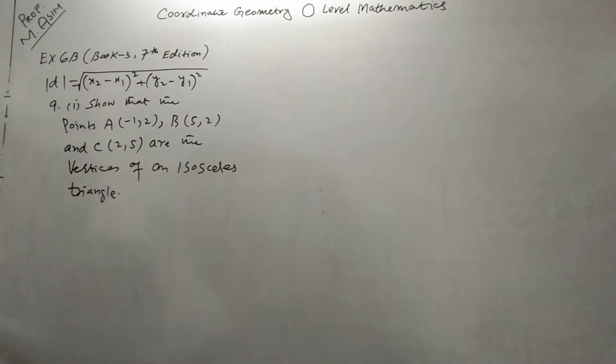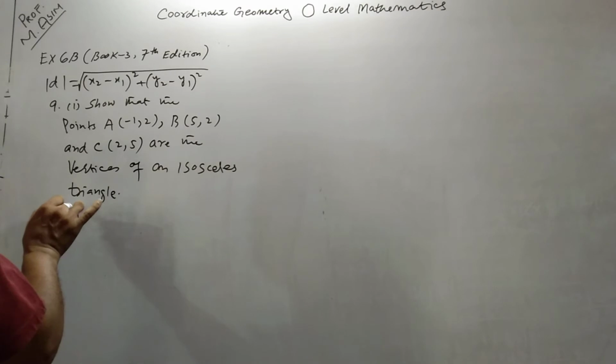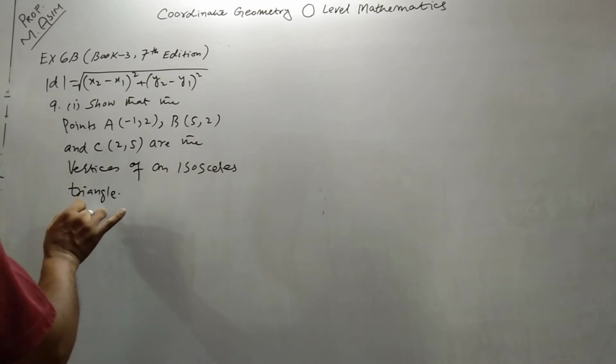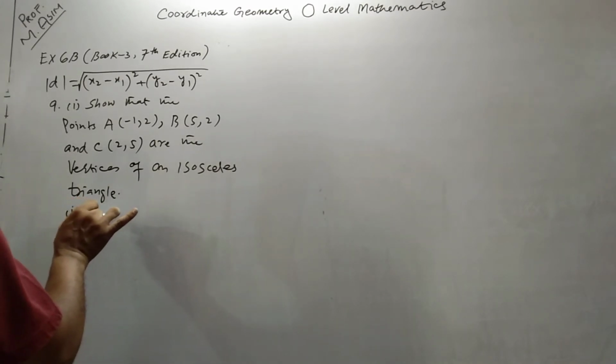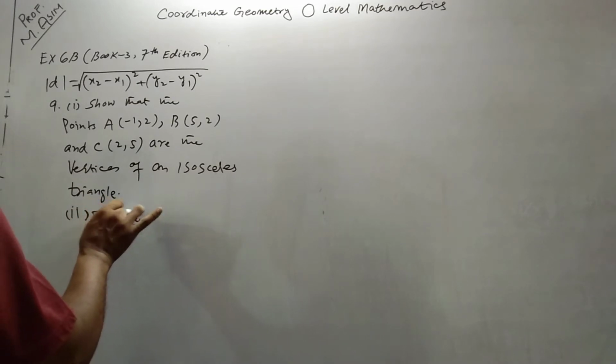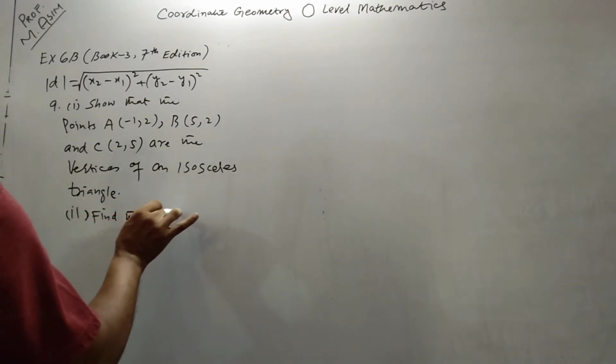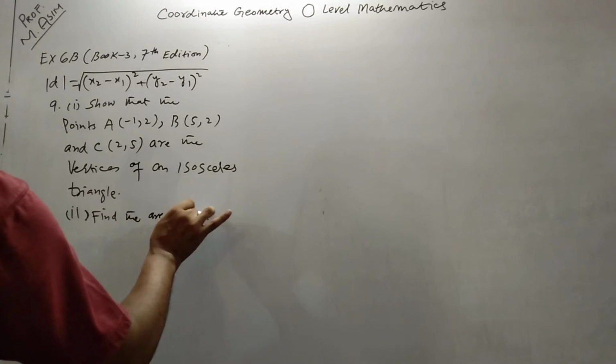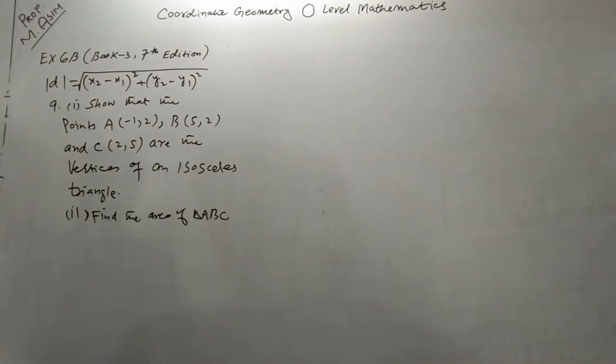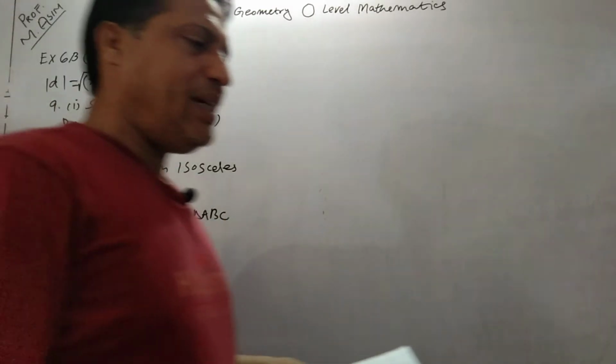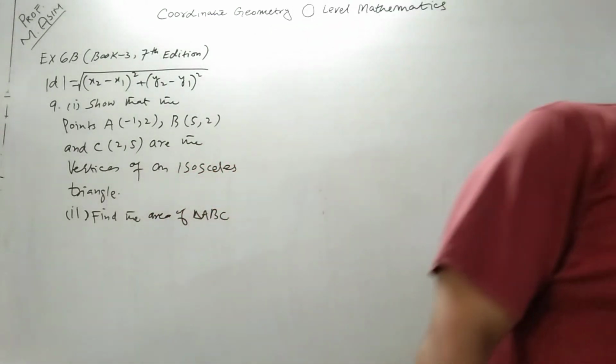Part 2. Find the area of triangle ABC. So two requirements in question number 9.